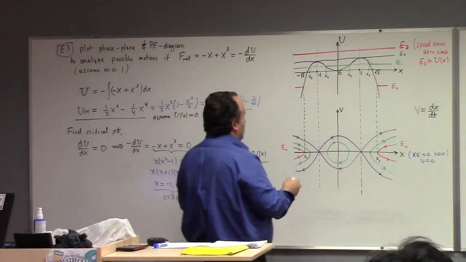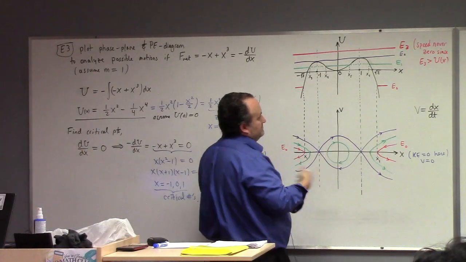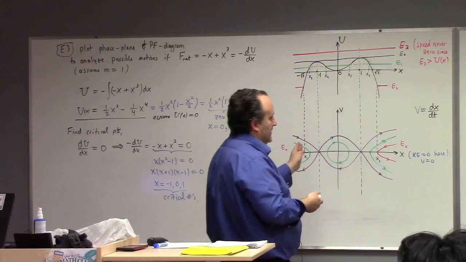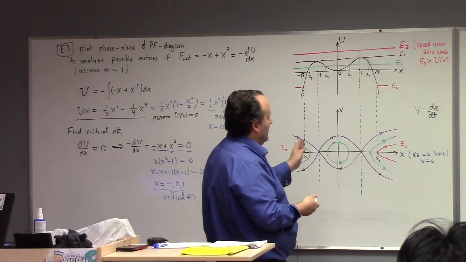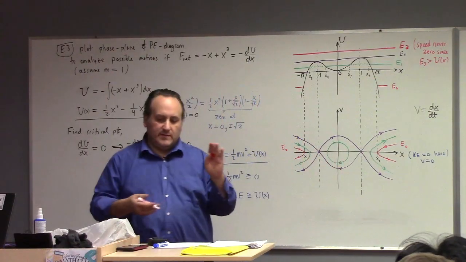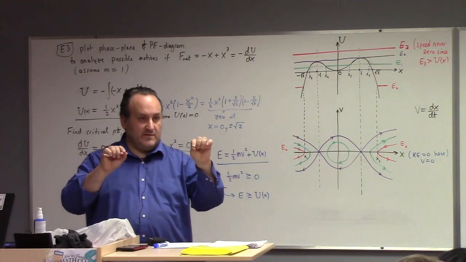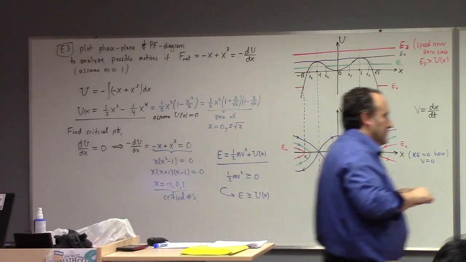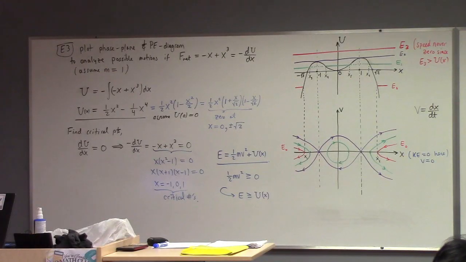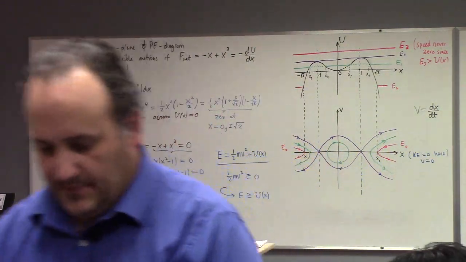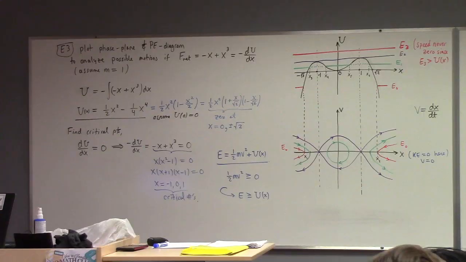Now, if I do this correctly, notice that wherever you hit a critical number for your potential, the trajectory in the phase plane has to level out. You have to hit horizontal tangents there, because we're talking about dU/dx equals 0. Then if dU/dx equals 0, what's the nature of the integral curve? Well, its tangent direction is what?